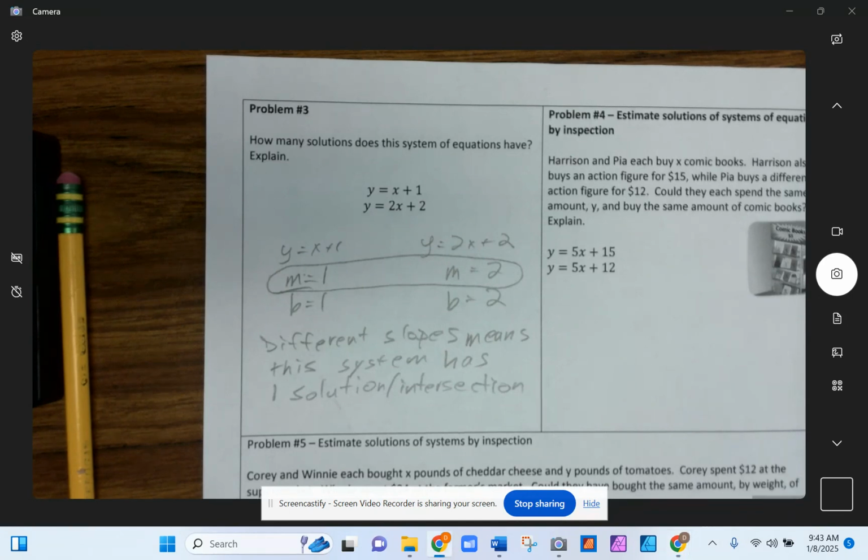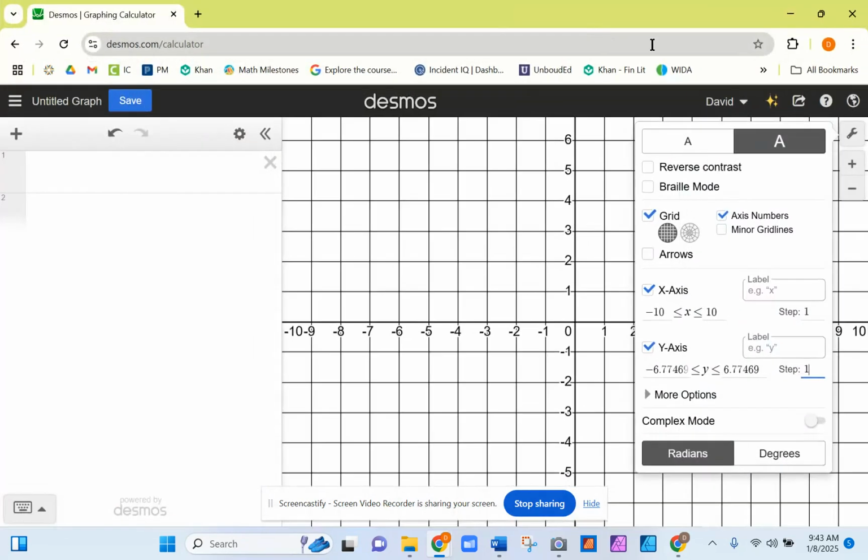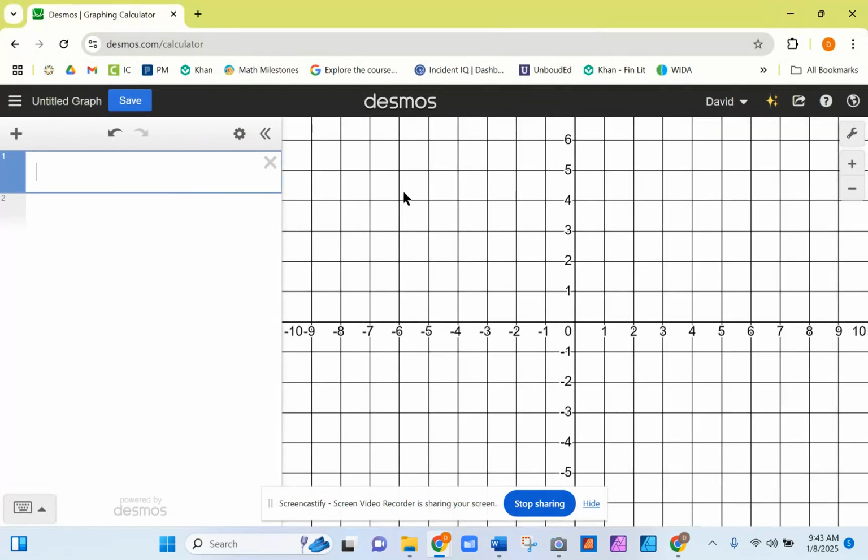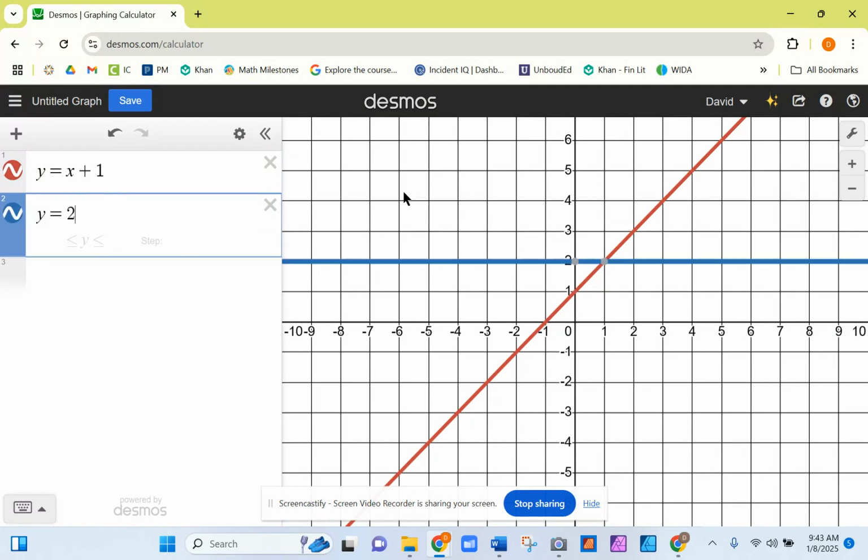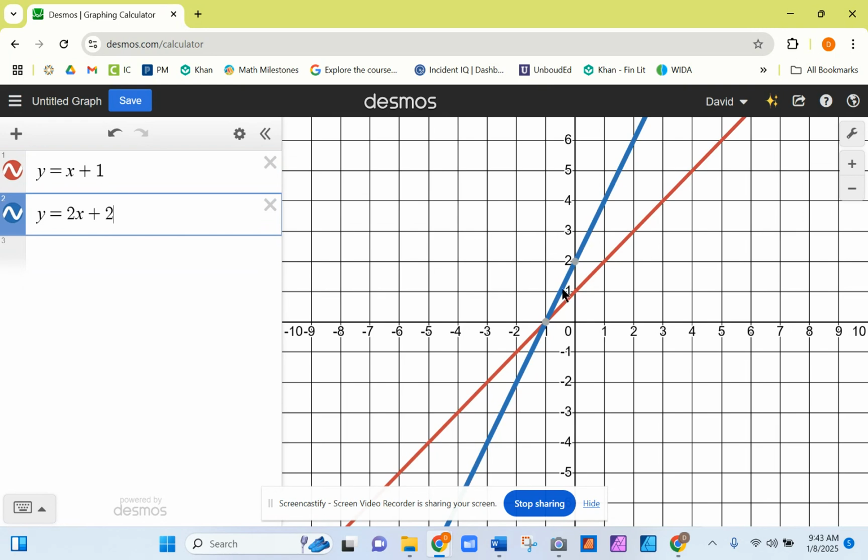Get my graphing calculator over here. Okay. I'm just going to put in y equals x plus 1, and then y equals 2x plus 2, right? You can see that there are different lines. We have an intersection right here.